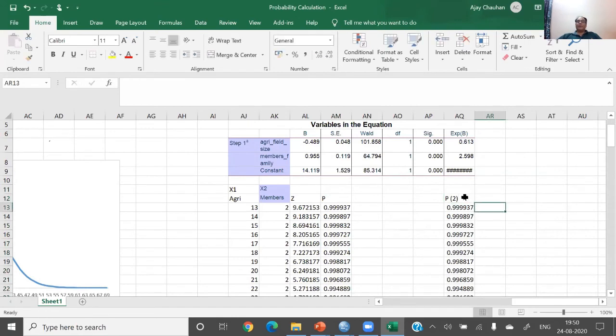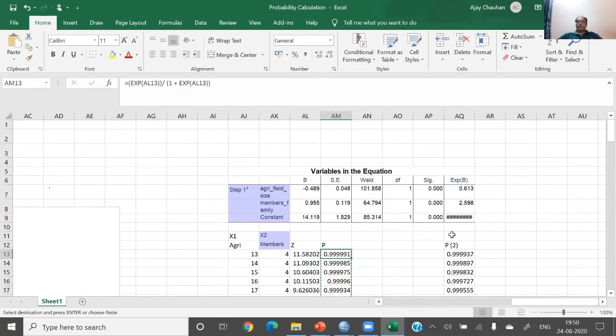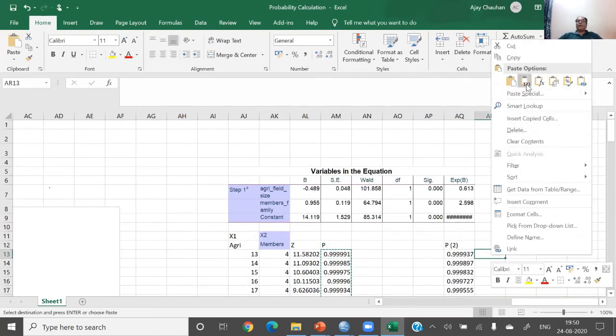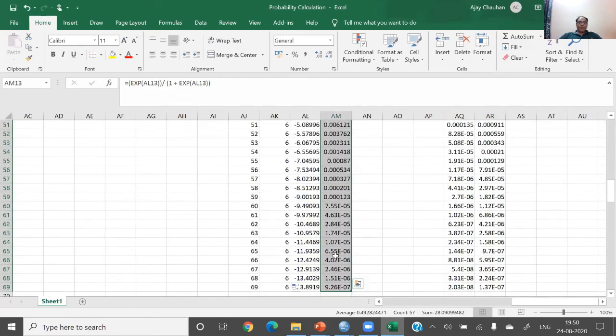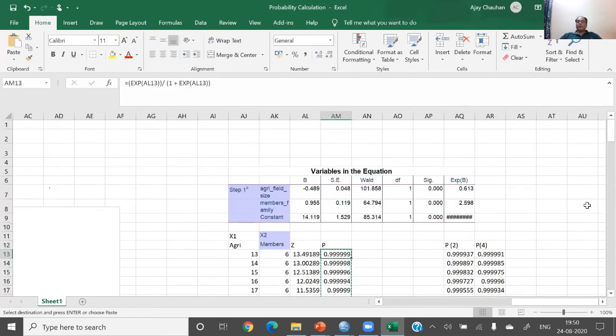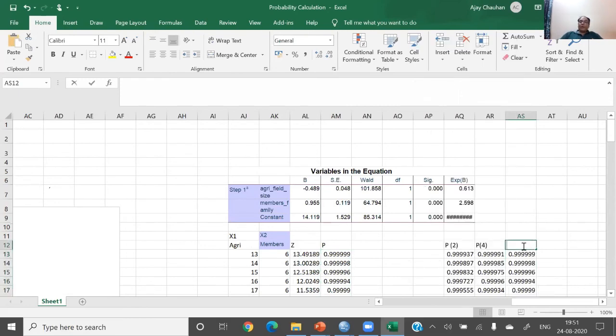Now I'm changing this to, let's say, 4. The probability changes, and I copy it. So this is the probability when the members are 4. Then I'm taking 6. What happens when the members are 6? I copy the probability and paste it here. This is the probability for six members.